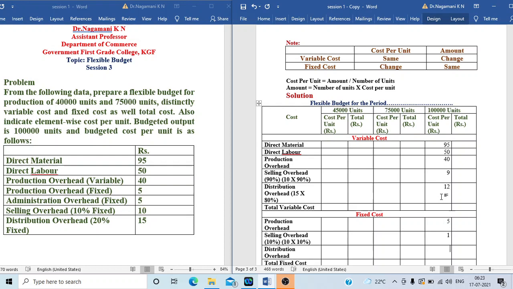Then distribution overhead 20% is fixed. So cost per unit how much? 15 into 20% is the fixed one. 15 into 20% is 3.